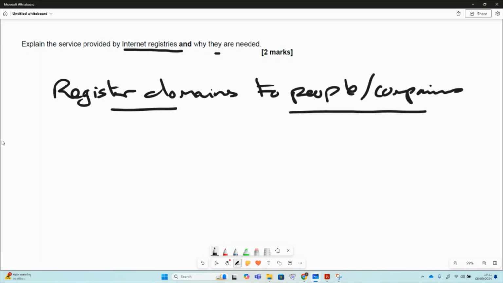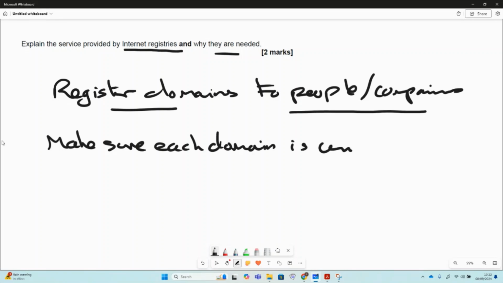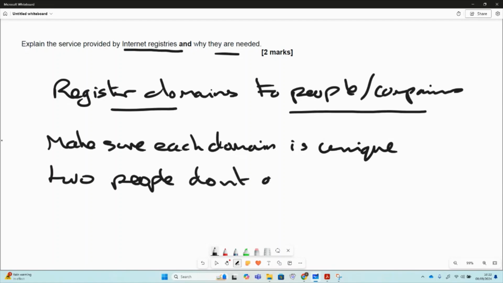So why are they needed? Well, the best answer, really, the easiest answer to remember, is they're needed to make sure each domain is unique. So therefore, two people don't own the same domain.